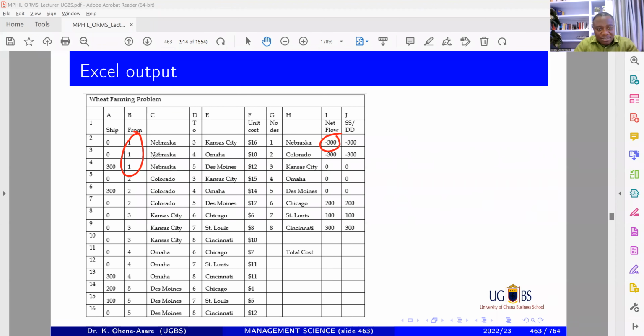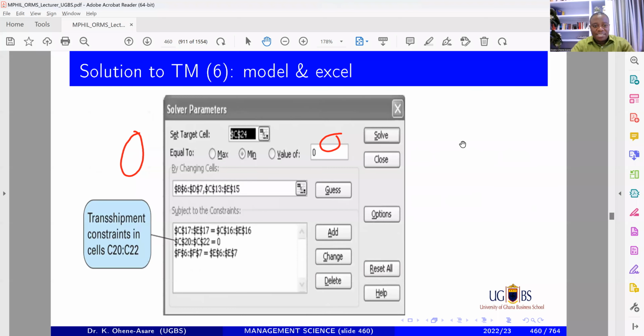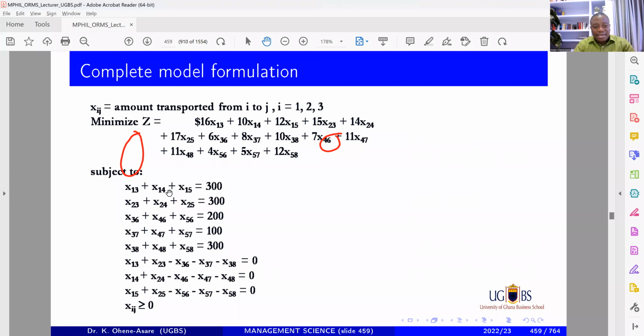Let me see the rest. That's why it's always good to use the formula to guide you. So the formula says x13, x14, x15. That is 1,3, 1,4, 1,5.